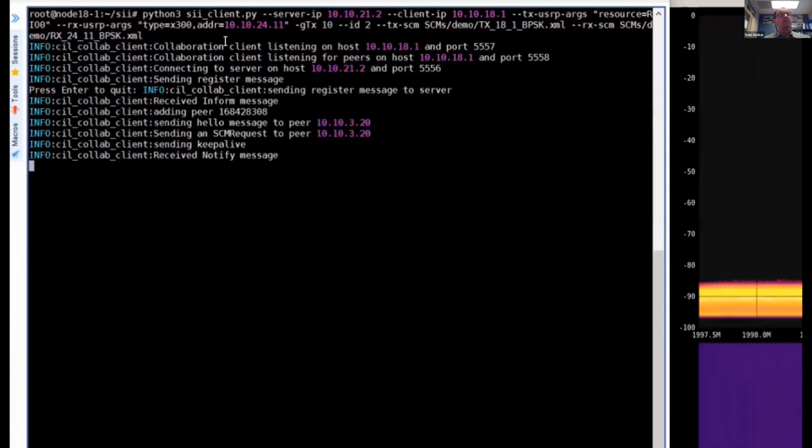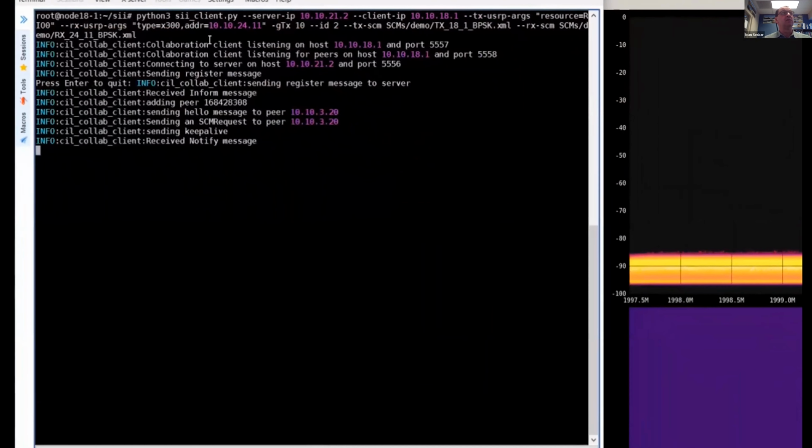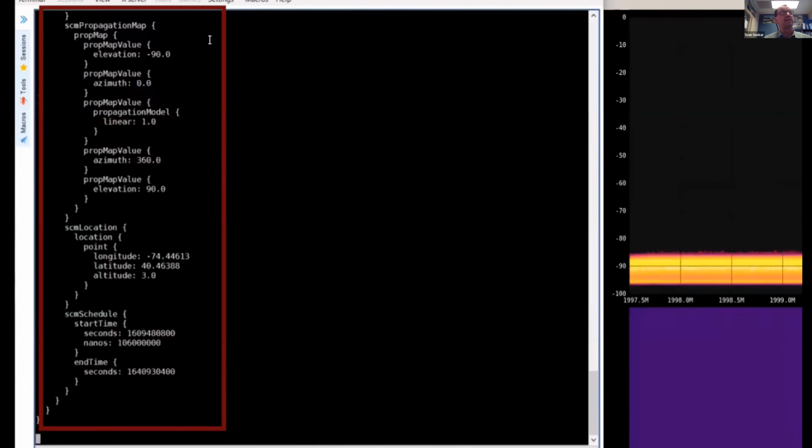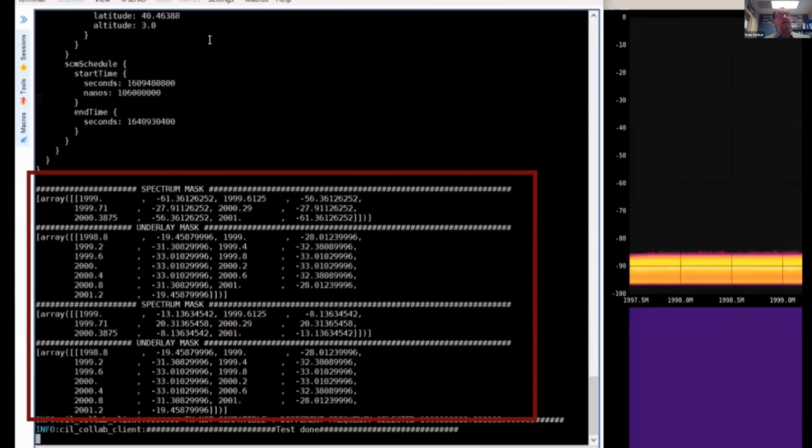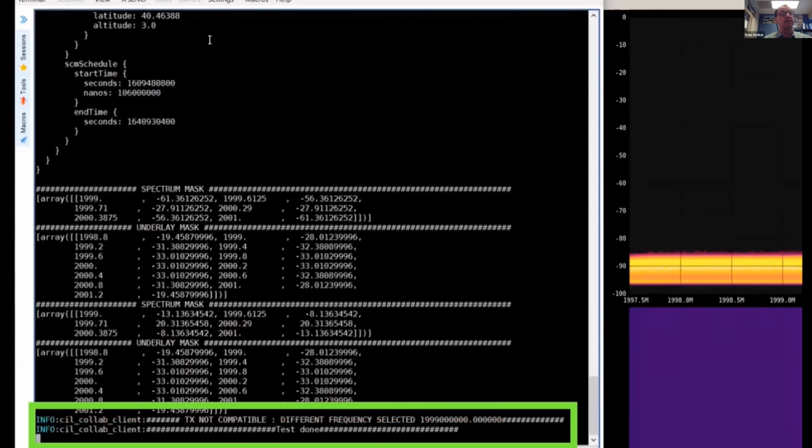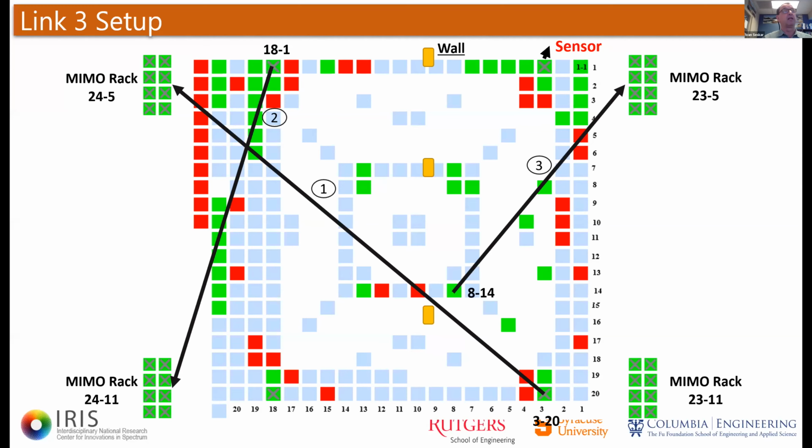Then they start sending SCMs around, and this is the SCM that you already saw. Carlos showed a few examples of what the SCM looks like. This is the XML representation. And then, of course, it computes the compatibility and concludes that there is no way that it can actually operate at the same frequency, and therefore selects the lower channel, right?